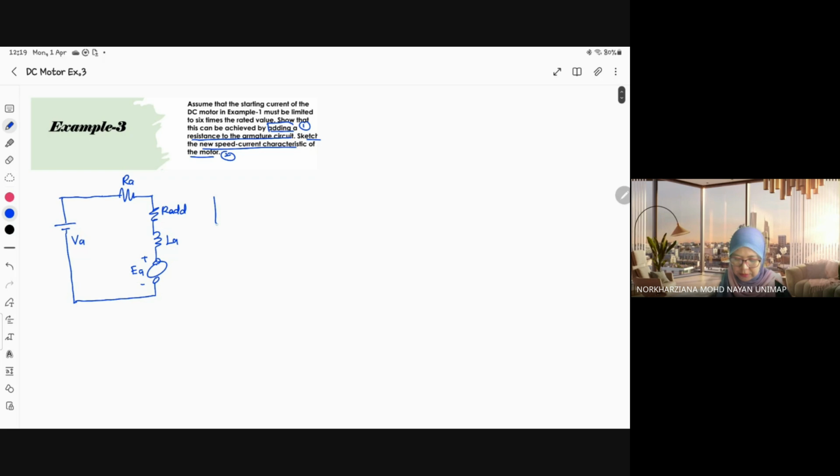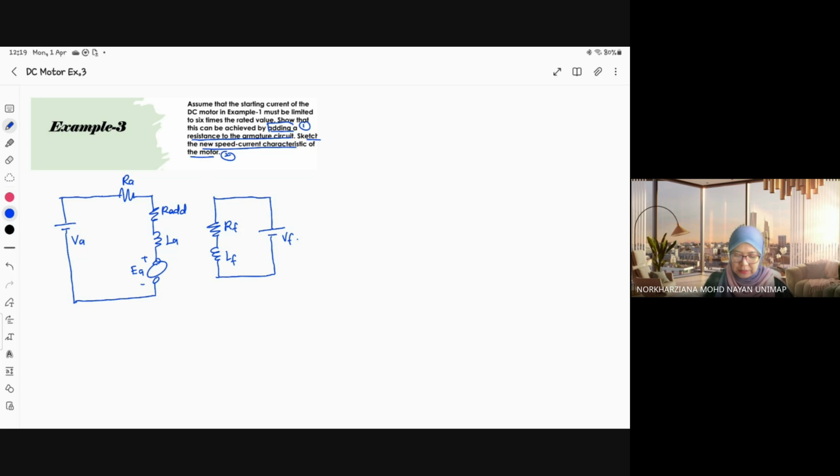For the field circuit, you have RF together with your LF. Okay, this one is just a DC motor semata-mata. Kita tak ada drive lagi. Okay, ni macam mesin lah yang belajar dulu, sama je kan?